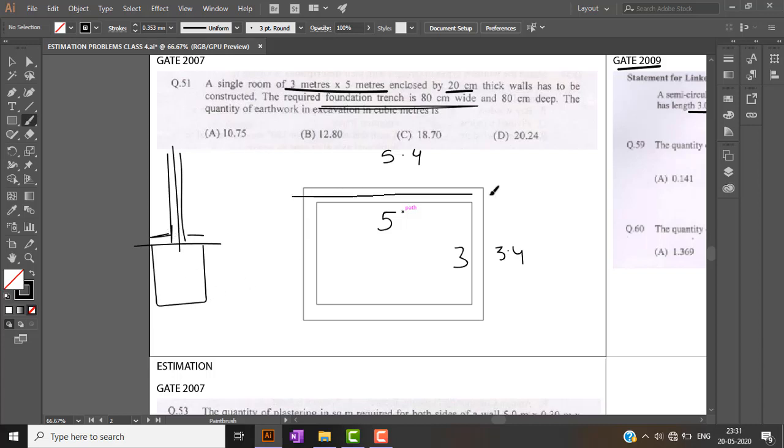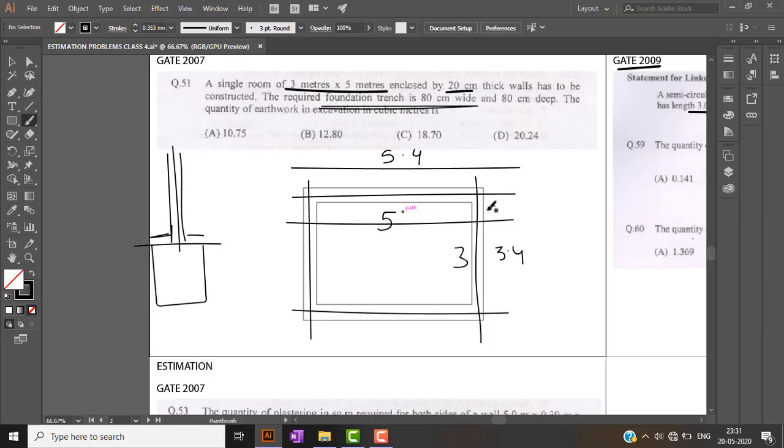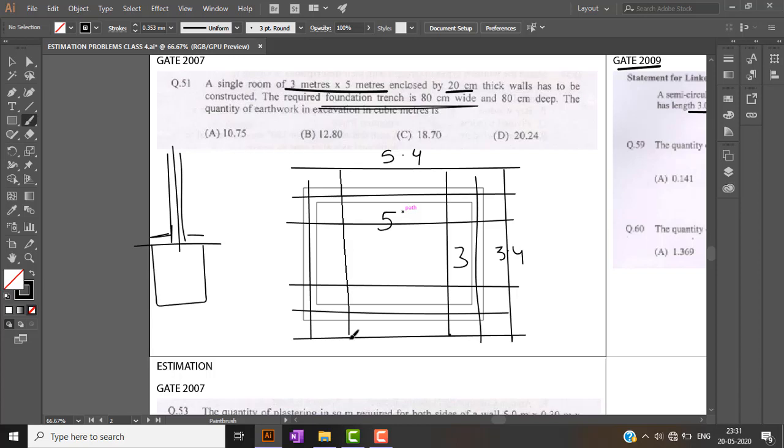If we consider this as the center line of the walls, the foundation trench is 80 centimeter wide, which means 40 centimeter on this side, 40 centimeter on this side, for all the 4 walls.